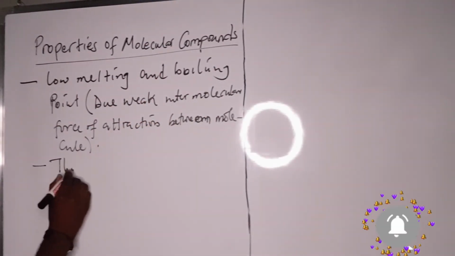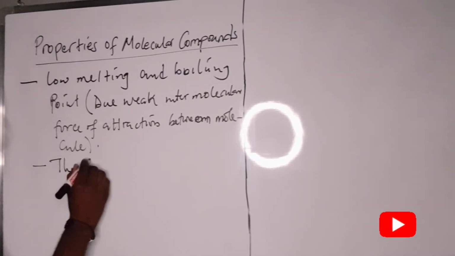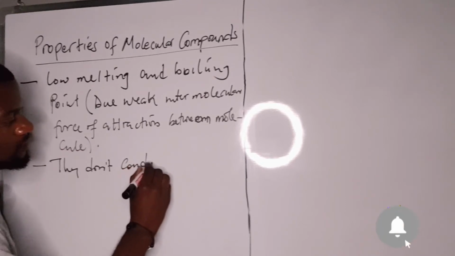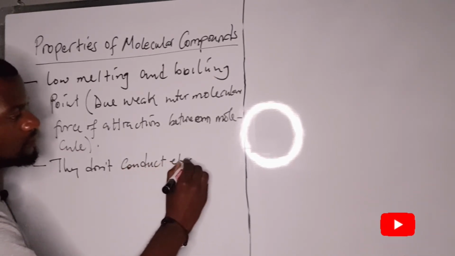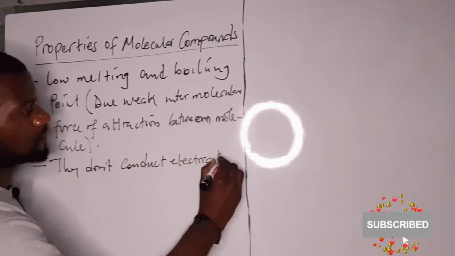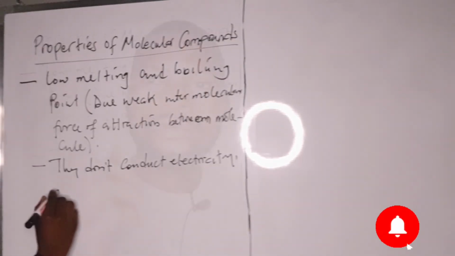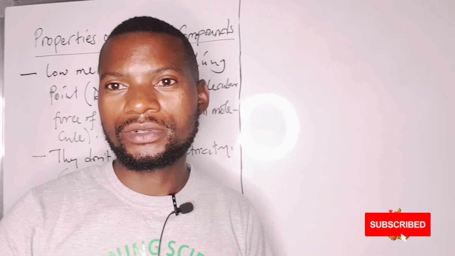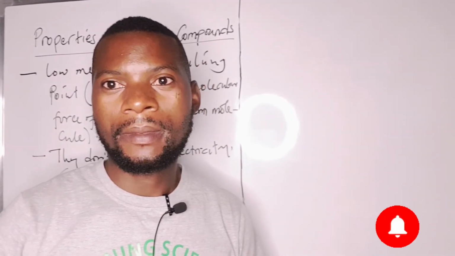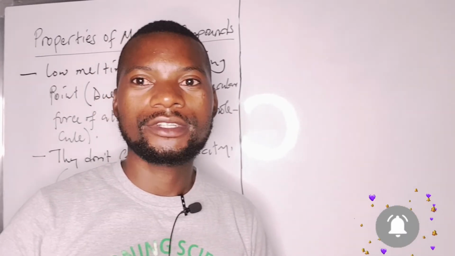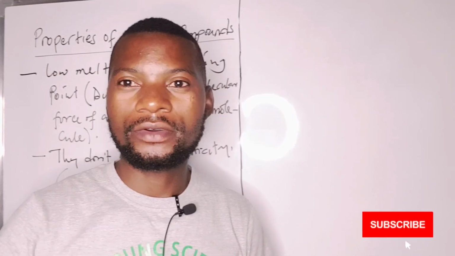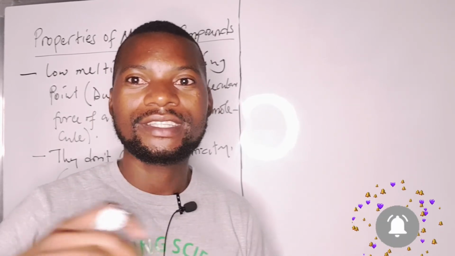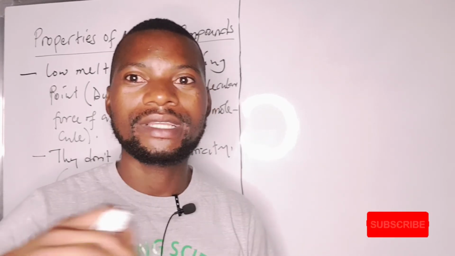The other property is that they do not conduct electricity. Why is it that molecular compounds do not conduct electricity? So molecular compounds do not have the mobile ions, because the mobile ions are the ones that carry the charge from one point to the next.